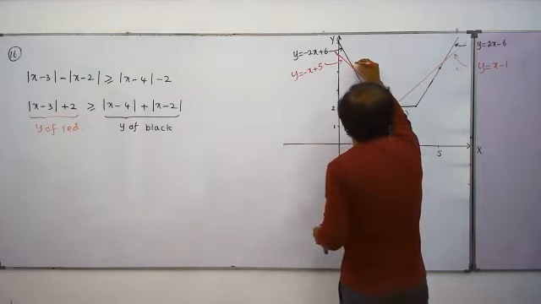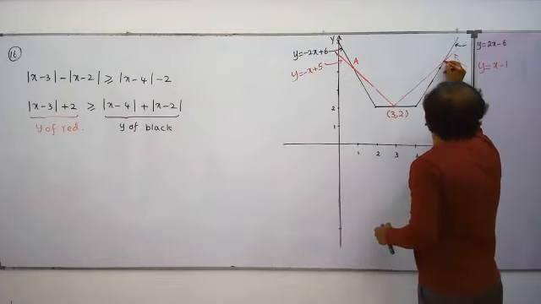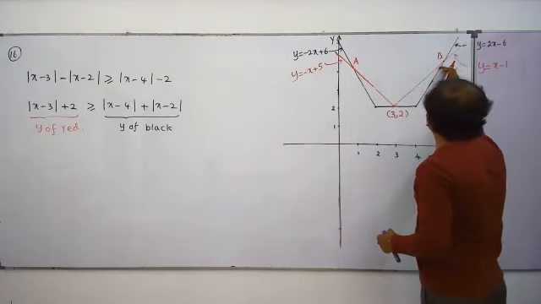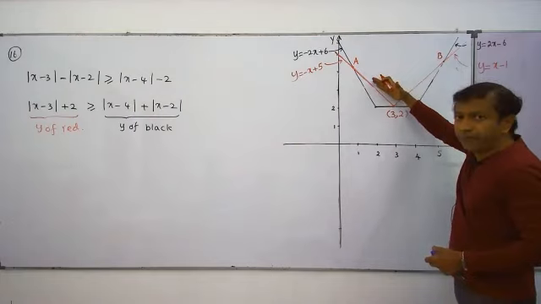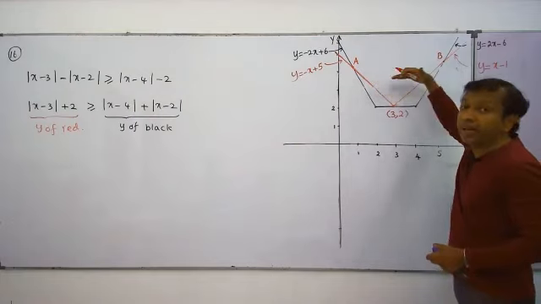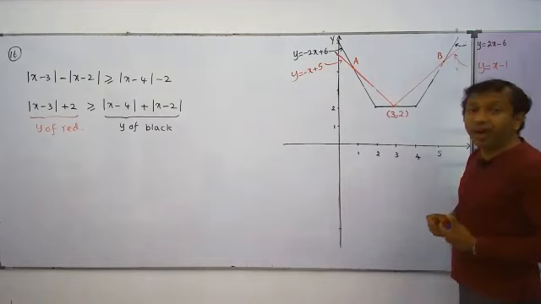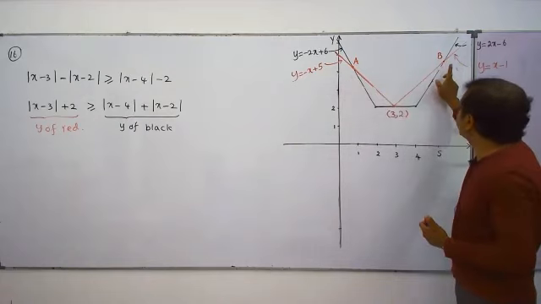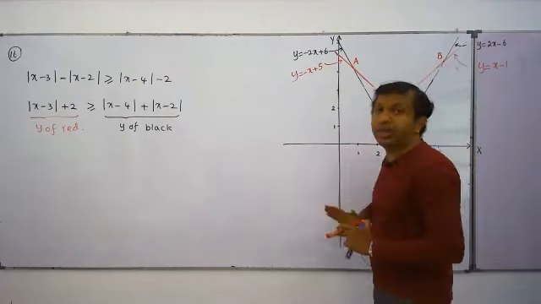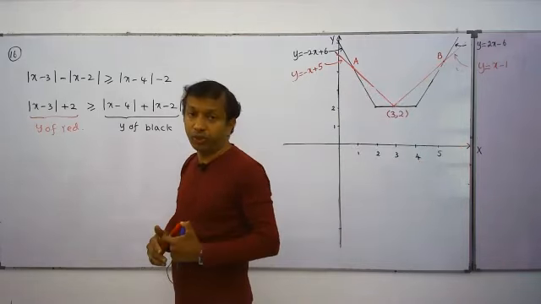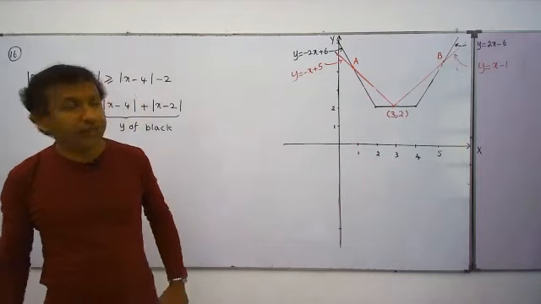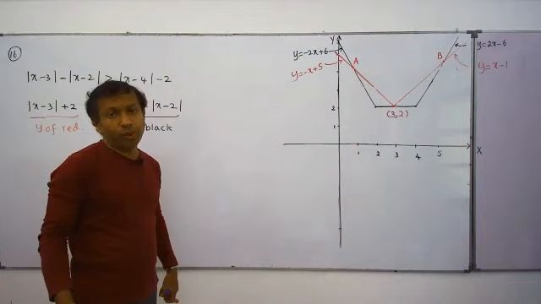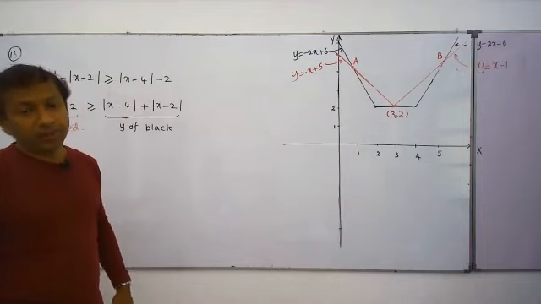If I take this point as A and this point as B, between A and B, you can see the red graph is above the black graph. So therefore, for our answer for the range of x, we have to find the x coordinate of A and the x coordinate of B. In between those two, including those x values also, is the answer we get. That's the answer. So therefore, we have to find x of A and x of B. Right. Now find them, people, by solving.